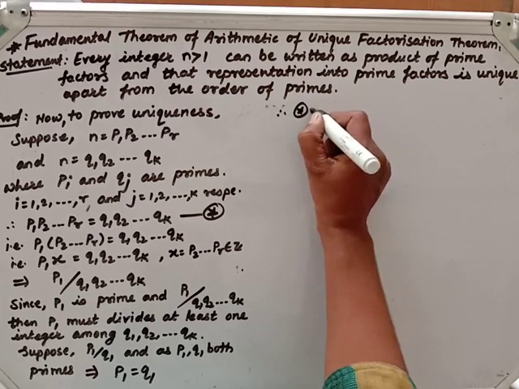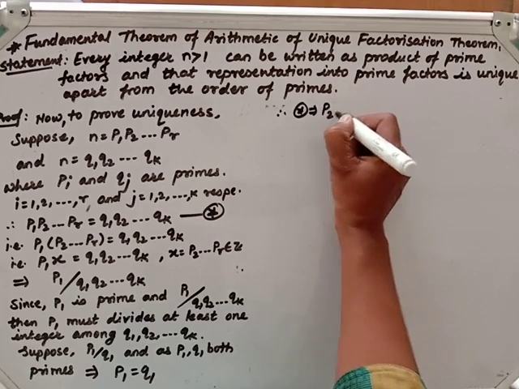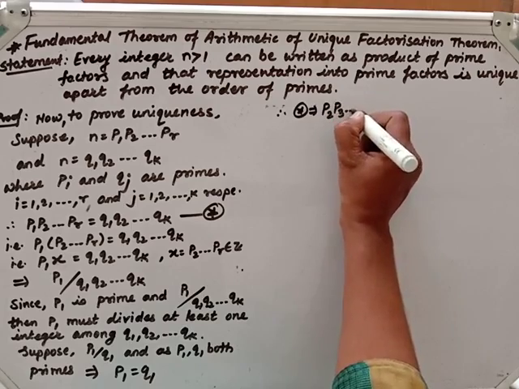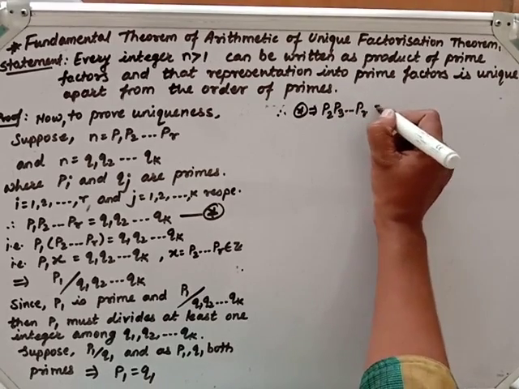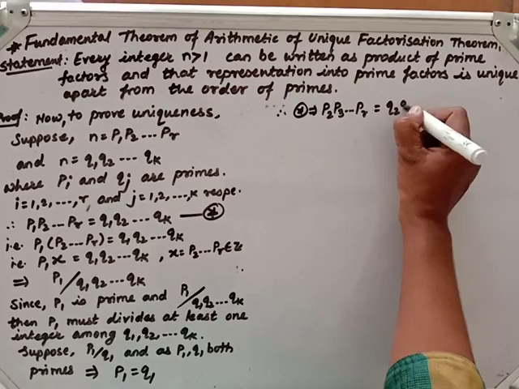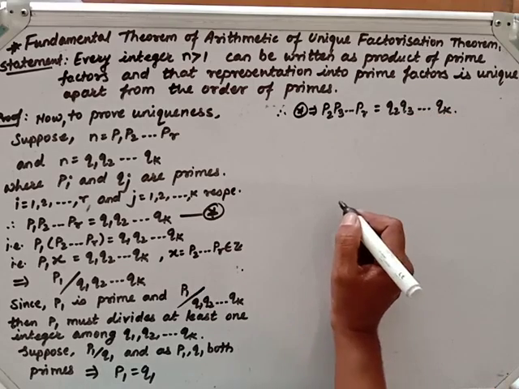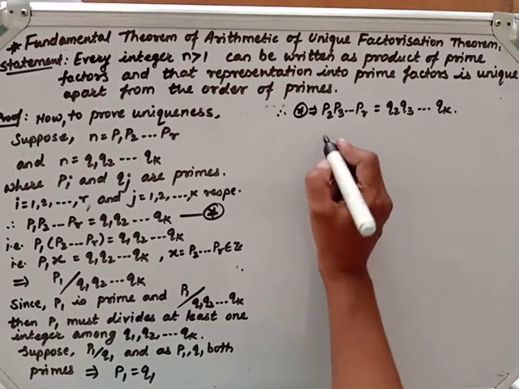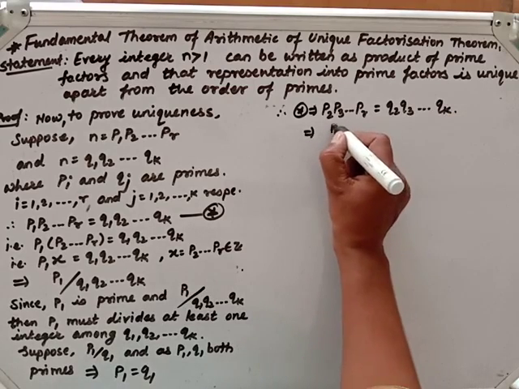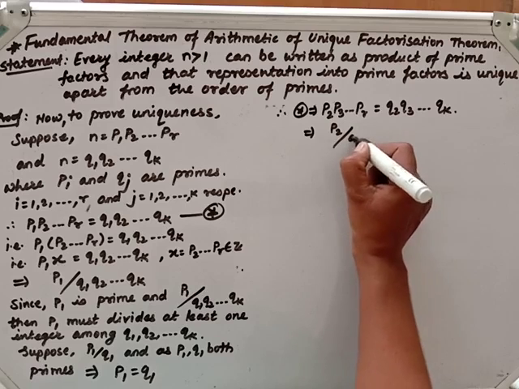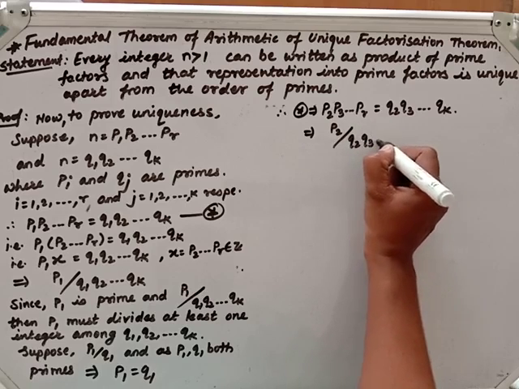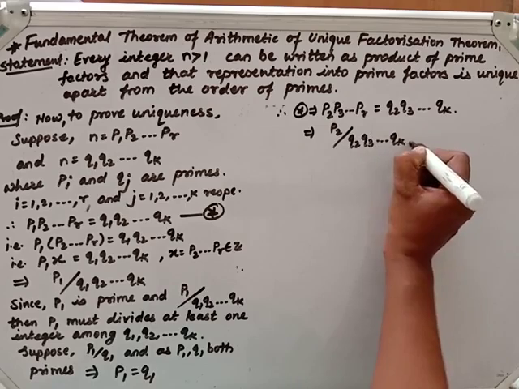Therefore star implies p2, p3 and so on up to pr is equal to q2, q3 and so on up to qk. These many remain there. Again, this can be written as p2 divides q2, q3 and so on up to qk.